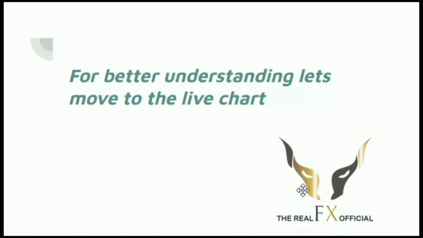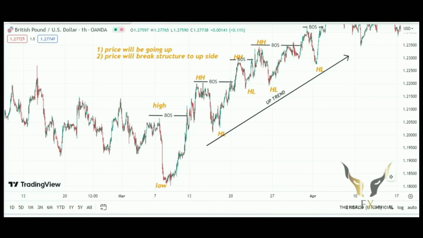For a better understanding, let's move to the live chart. As we discussed the uptrend earlier, here we will try to understand it on a live market. There were two scenarios in an uptrend, okay, and from those conditions we will say that the price is in an uptrend.